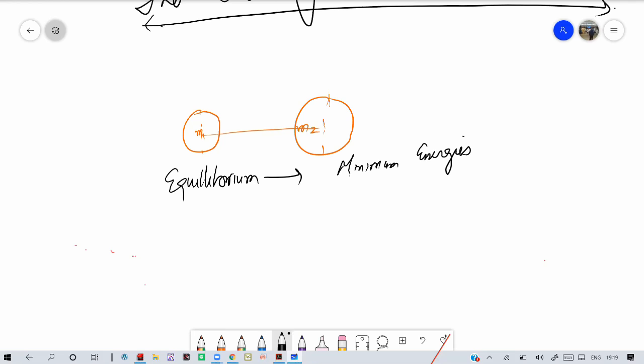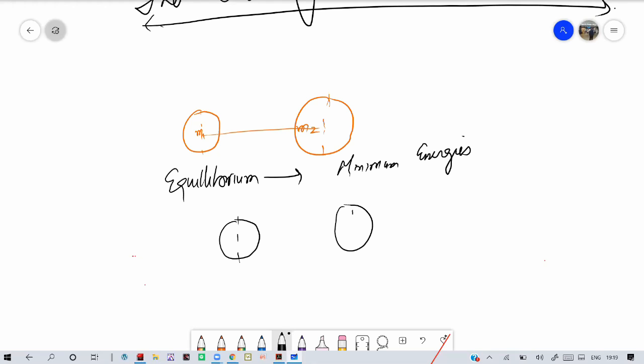Since we know that no molecule is perfectly rigid, there is some vibration which is continuously going on in the molecule. When two atoms form a bond, they are connected by those bonds, and these bonds are elastic. So we can understand it like we have an atom here, we have another atom.